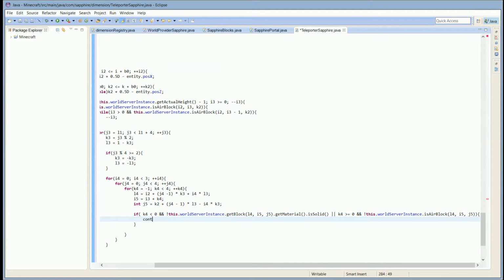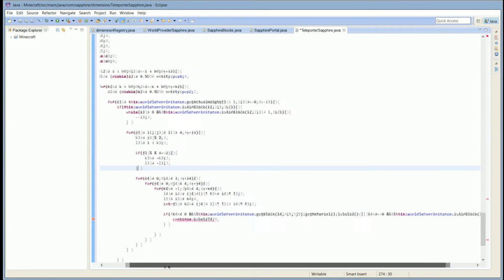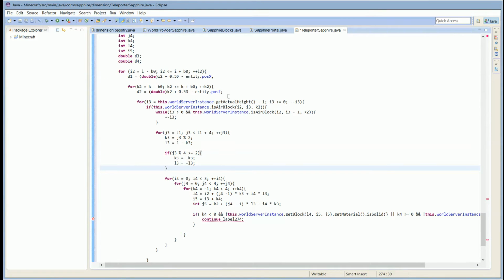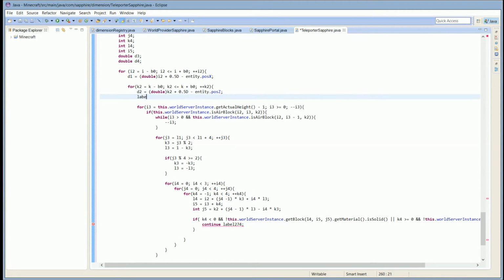Then continue. Label 274. Okay? And I actually forgot to put label 274 up here under this double over here. Where is it? Under this double right here. Was it this double? It was D2, yeah. This double. Label 274. There we go.